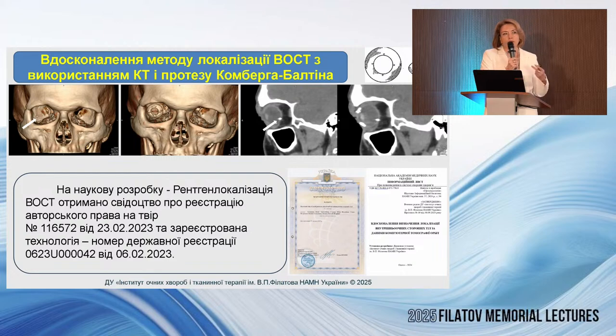Back to the name of our report, we've been talking about traditions and innovations. One of the innovations of recent years is the improvement of localization of intraocular foreign bodies using the combined computer tomography and X-ray localizer of Comberg.